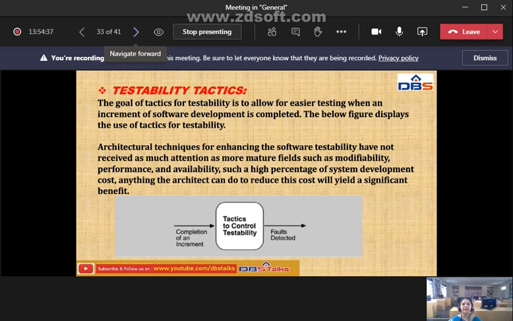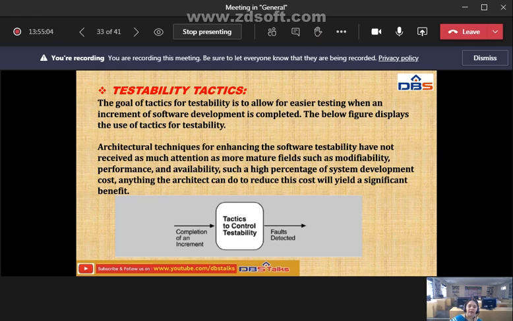Next, testability tactics. The goal of tactics for testability is to allow for easier testing when an increment of software development is completed. So, when the software development is completed, we need to perform these testability tactics, but we already discussed this previously.